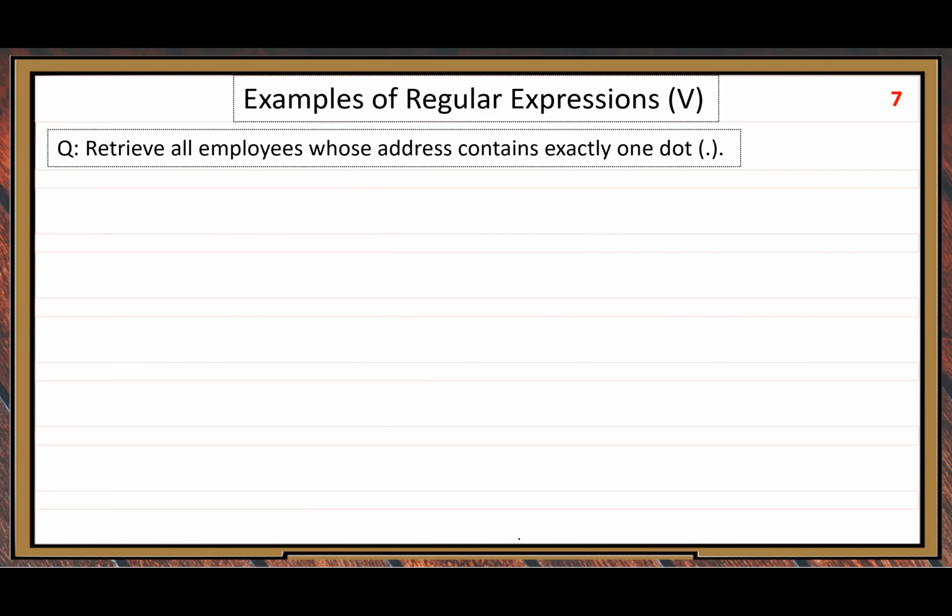So this question, I'd like you to think about it. Here, when we want to escape dot, we use double backslash then dot. That means the literal dot. But think about, we want the whole address string to contain only 1 dot character. Not more than 1 dot.